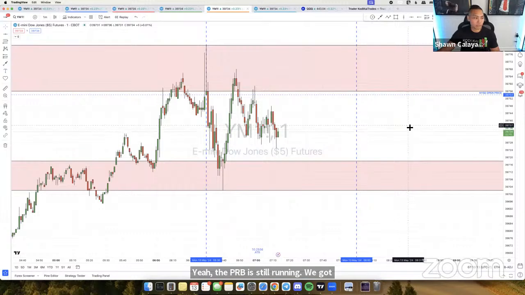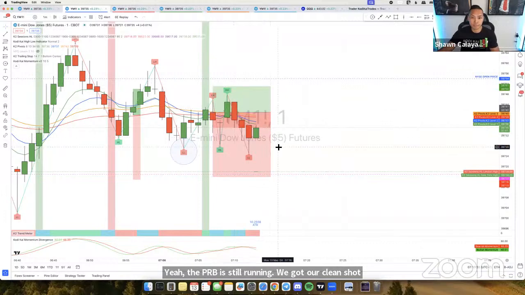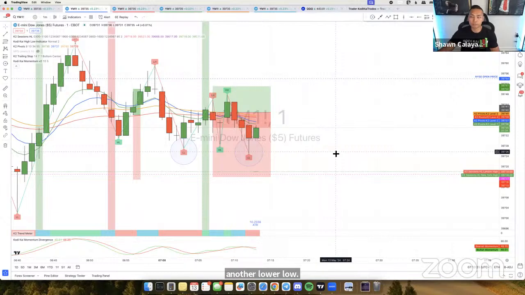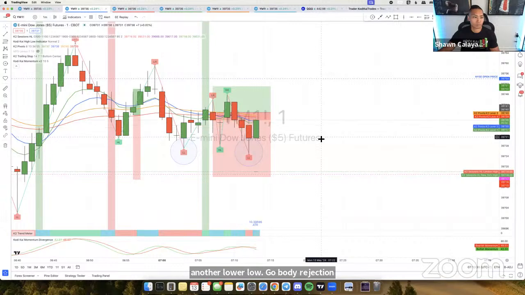Price still within the range, consolidating around this middle area. This could be setting up for a V1 variation down here, another lower low. Double body rejection. So there goes another V1 variation pattern right there.